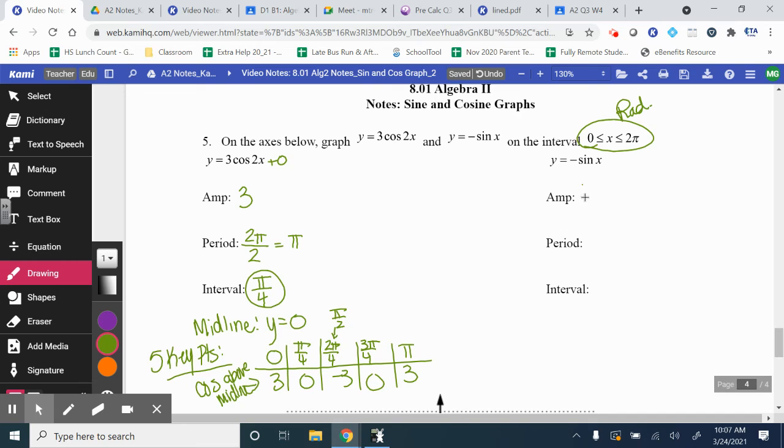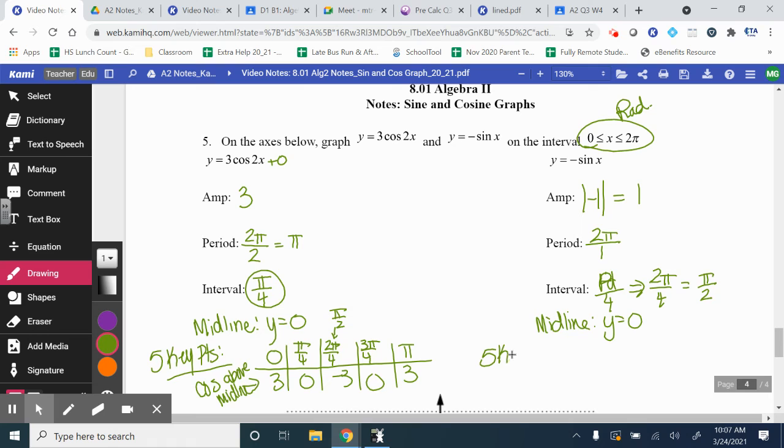And over here, our amplitude should be absolute value of negative 1, which is 1. Your period is 2 pi over b, which is 2 pi over 1, so just 2 pi. Your interval is your period divided by 4, so that would be 2 pi over 4, which reduces to pi over 2. Again, your midline, we're not adding any c on, so it would just be y equals 0.